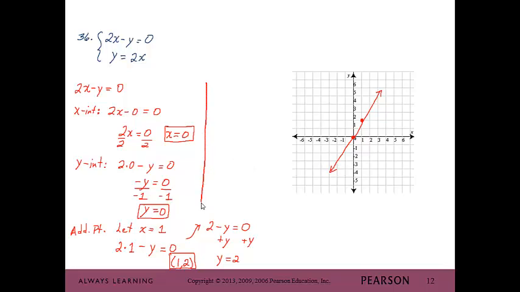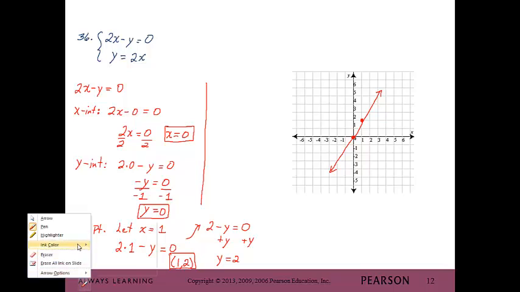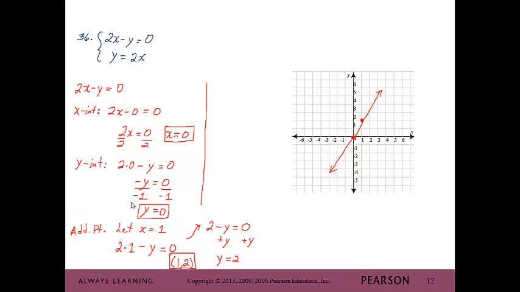And let's graph the second equation. This time is in the form y equals mx plus b, so let's use the slope and the y-intercept. So we have y equals 2x. I'm going to go ahead and say plus 0, which means the y-intercept is 0. So let's put a point at 0. And then the slope is equal to 2 over positive 1.